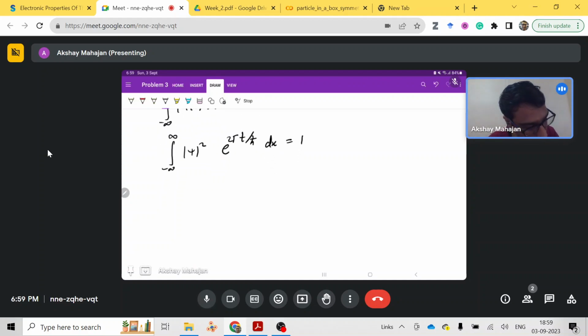We can take the e to the power 2 gamma t by h cross common outside the integration, and the integral of mod of psi square dx has to be equal to 1.